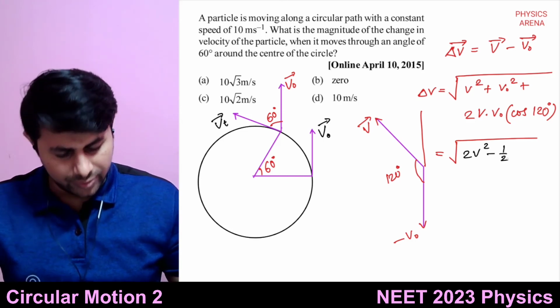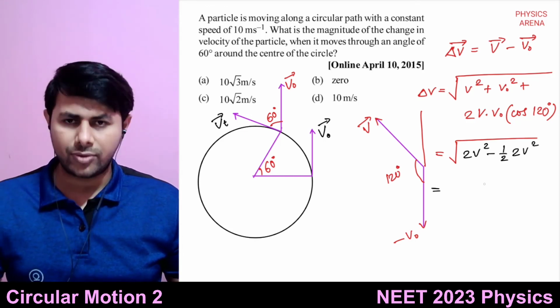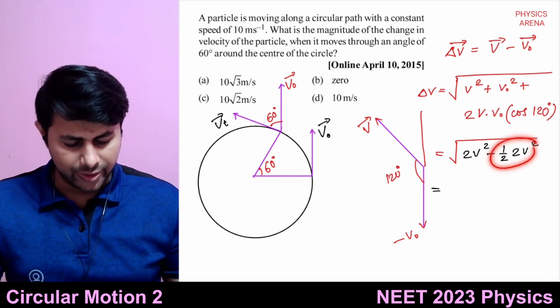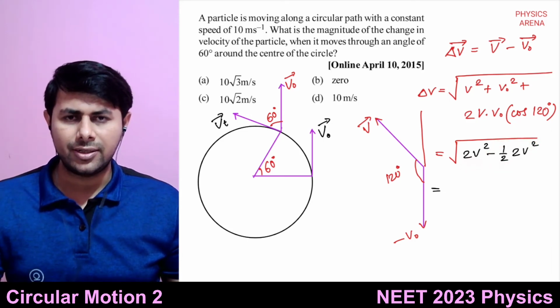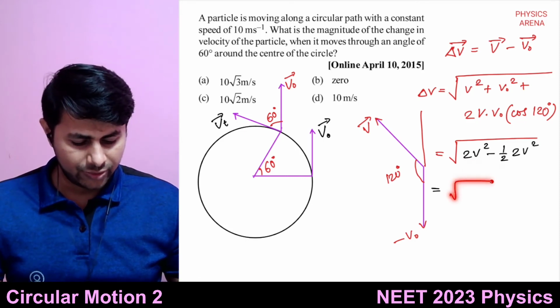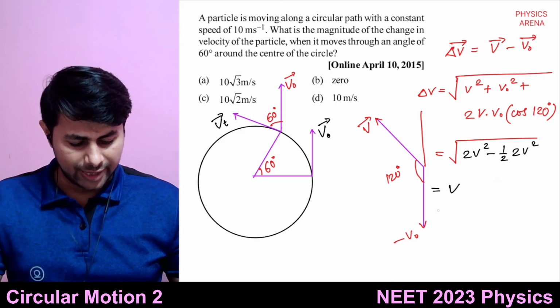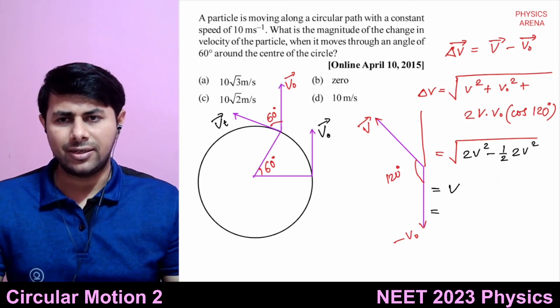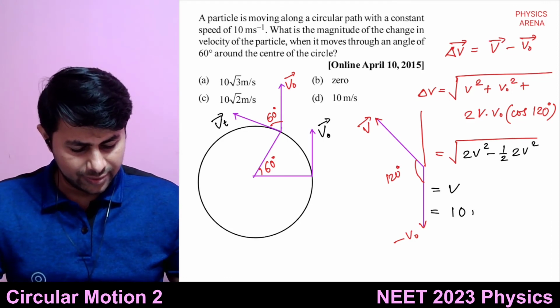Minus 1 by 2, multiplied by 2V square. So 2V square minus V square is V square, and you have the square root of that. So it is equal to V, the magnitude of speed. How much is that? It is 10 meters per second.